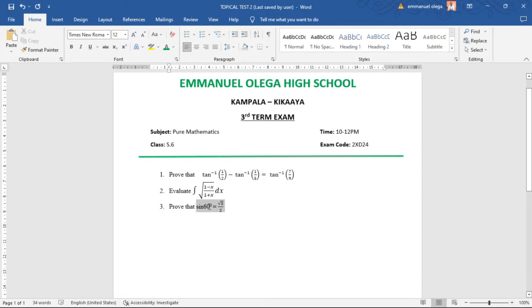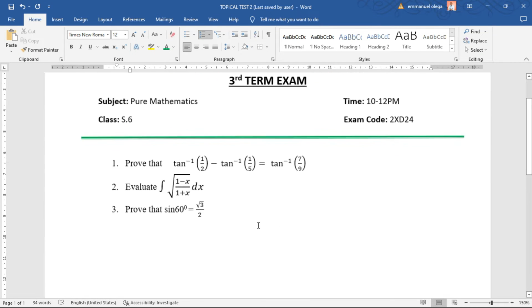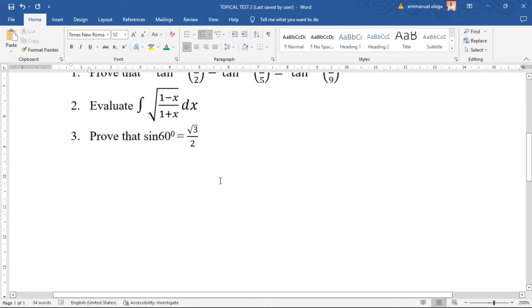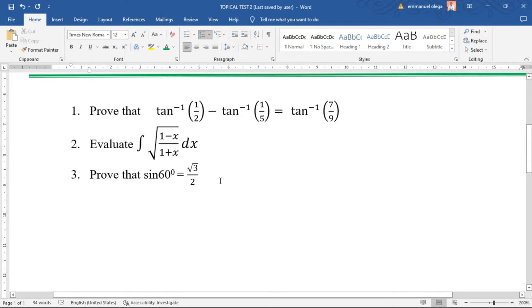Okay, and there we go. As you can see, it's actually coming out well. Right, so that's how I type a simple root equation. Then let's try something more complicated.